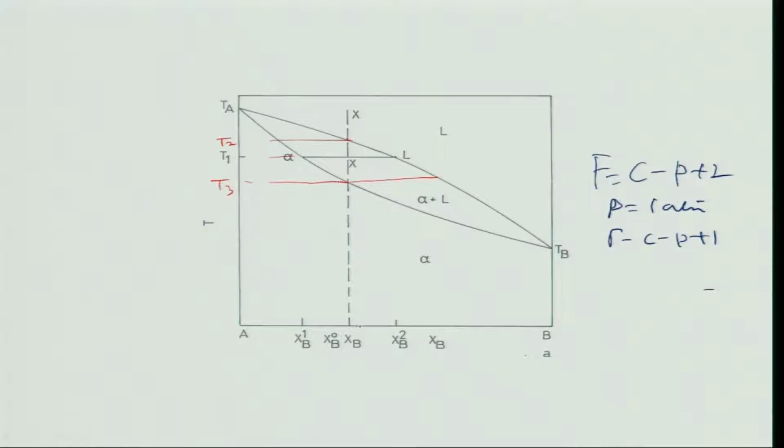I told you a tie line connects alpha and liquid; tie lines connect solidus and liquidus.